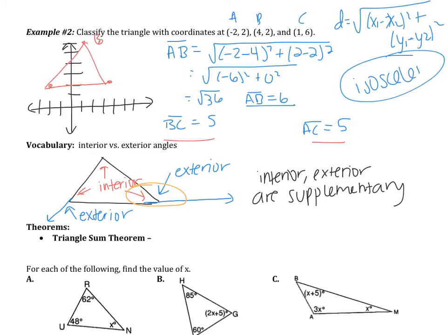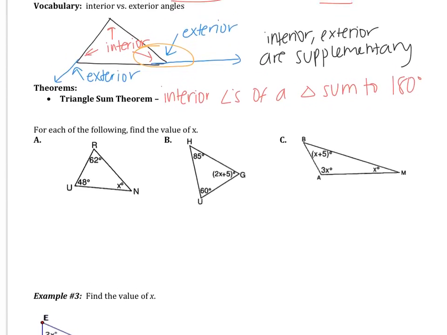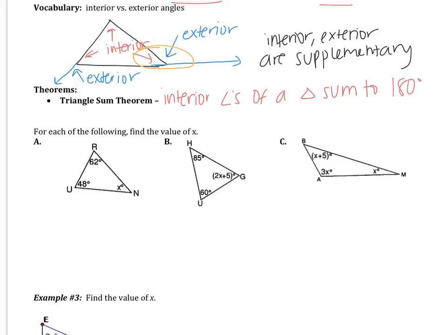Okay, so next theorem is called the triangle sum theorem. This one you already know, but this theorem says that the interior angles of a triangle sum to 180 degrees. So that we've already used, you already know that, but we're going to do some examples. So there's 3 examples for this. I'm going to do A with you.